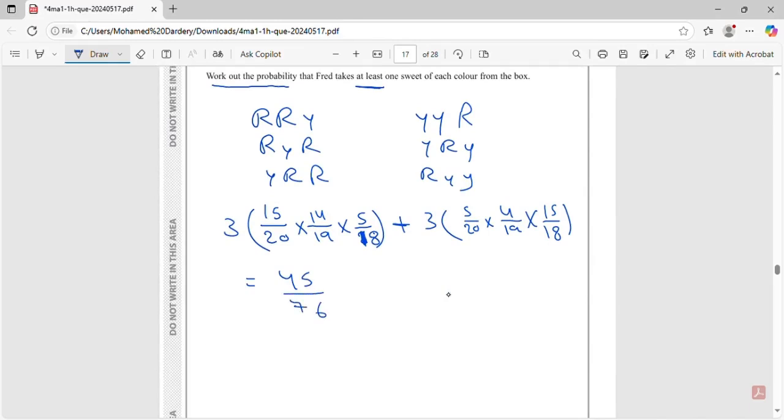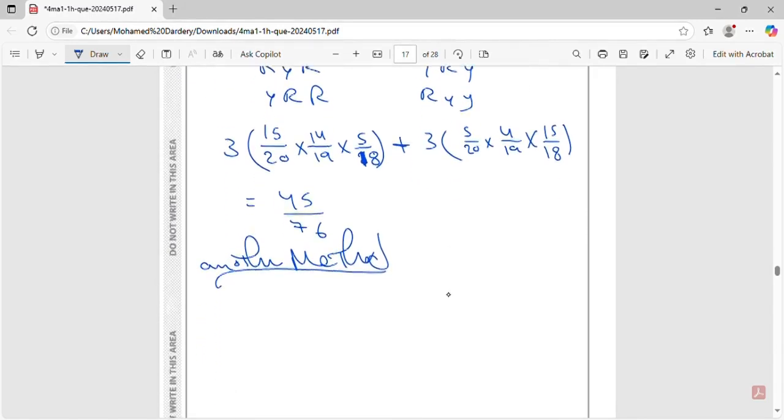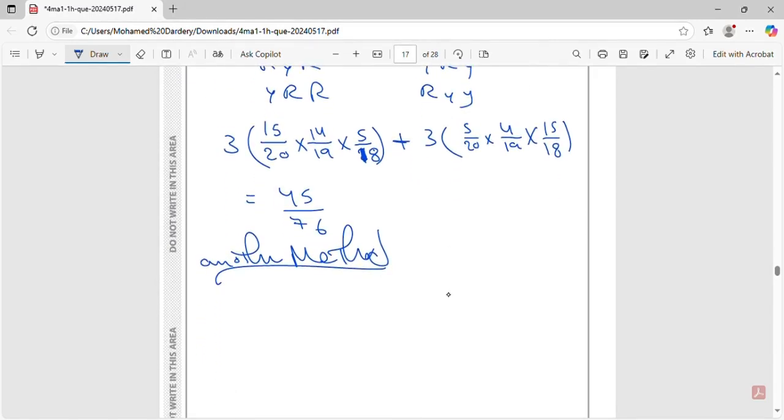We have another method, of course. What is this method? He said at least one of each, so the cases I cannot accept are that all 3 of them are red, or all 3 of them are yellow. So these are the 2 probabilities that cannot happen.